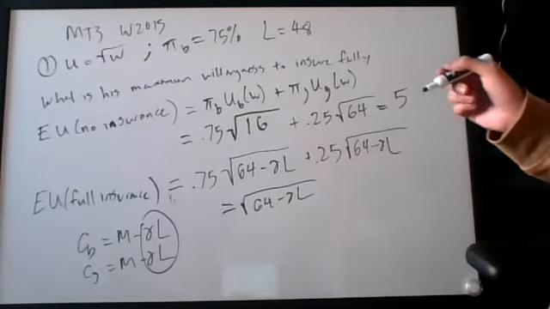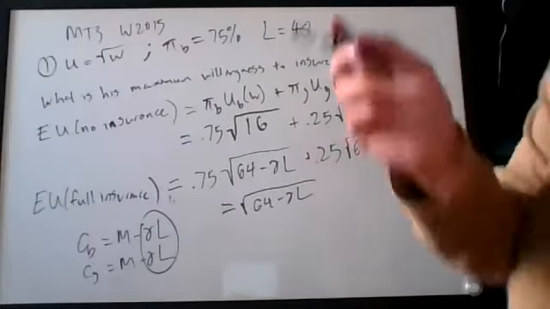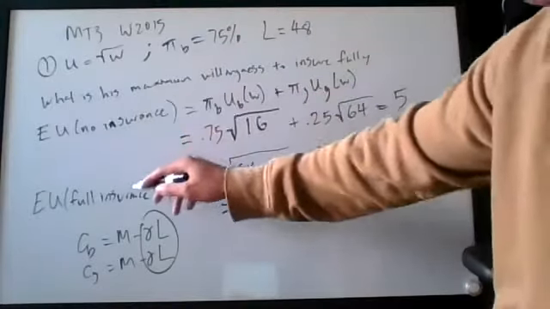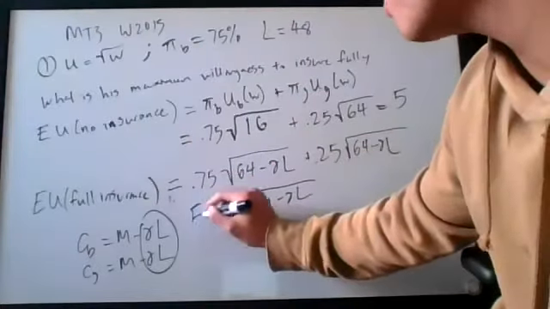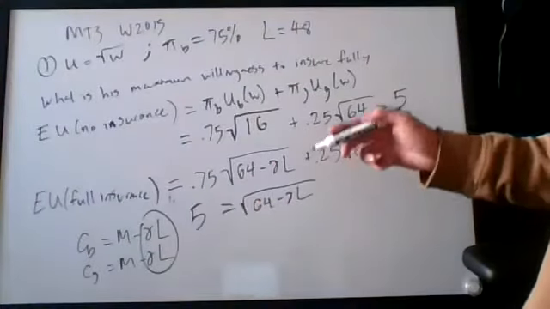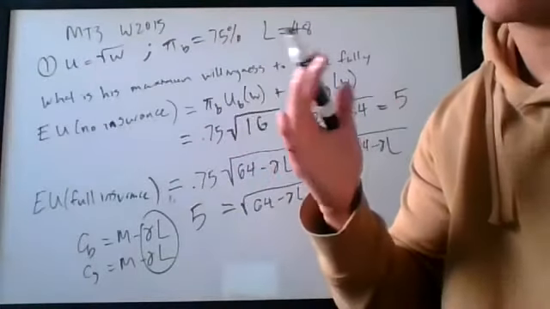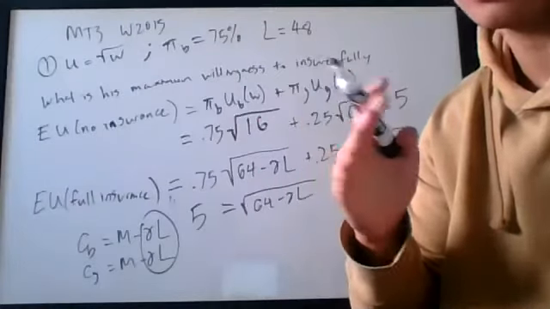And so we need to find out what gamma L is. And the way we do that is we set our expected utility with no insurance equal to our expected utility with full insurance. And so we set this equal to 5, right? Because this is kind of like the equilibrium where they're indifferent between fully insuring and having no insurance.